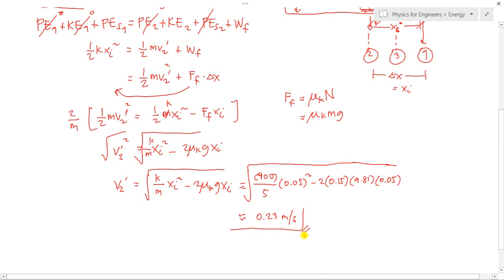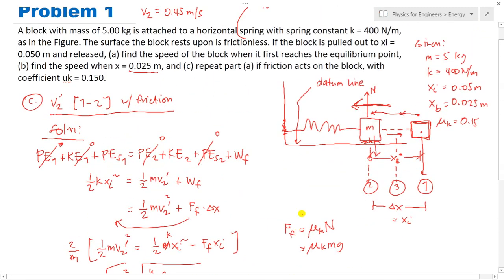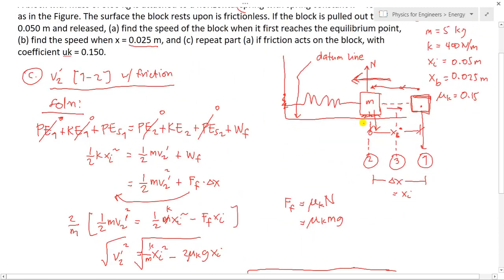So let's review. Friction acts on the block with a coefficient of 0.15.